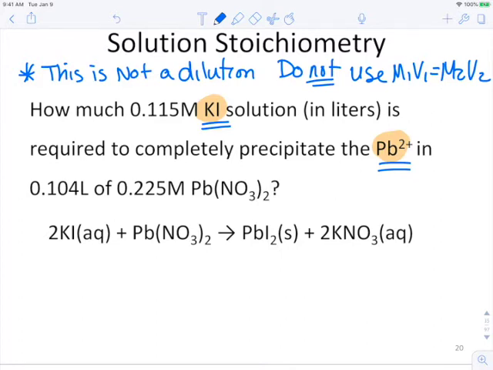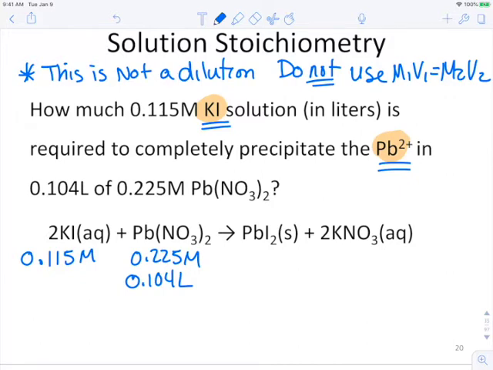So the very first thing that I'm going to do is put my numbers right under the chemical reaction so I know what we've got. So I'm going to say we got 0.115 molar KI, and we have 0.225 molar of our lead nitrate, 0.104 liters of our lead nitrate. Here the deal is we want to use up the lead nitrate completely. We want to essentially match KI for lead nitrate.